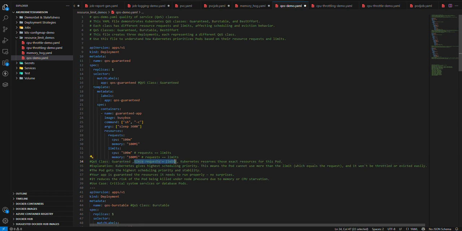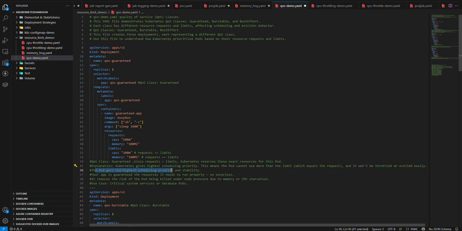Since the request equals the limit, Kubernetes reserves those exact resources for this pod. It will first reserve the limit for the pod, and Kubernetes gives the highest priority to this kind of pod. The pod cannot use more than the limit, which equals the request. It won't be throttled or evicted easily.